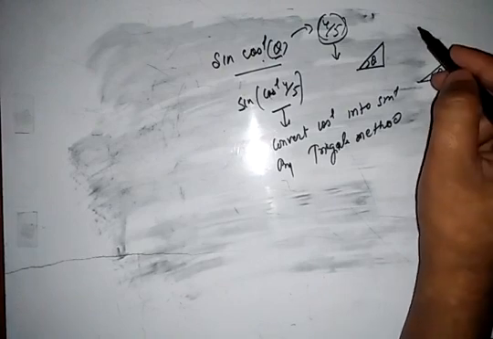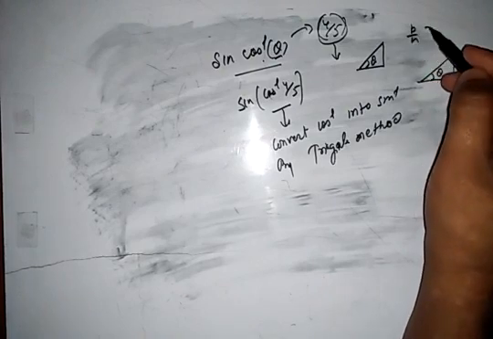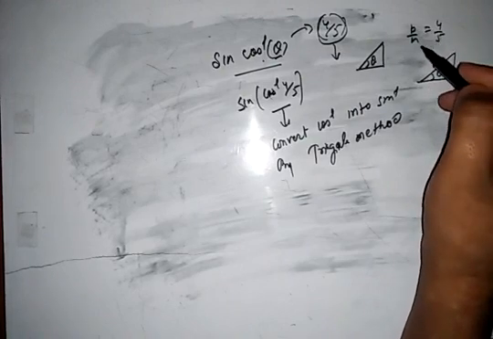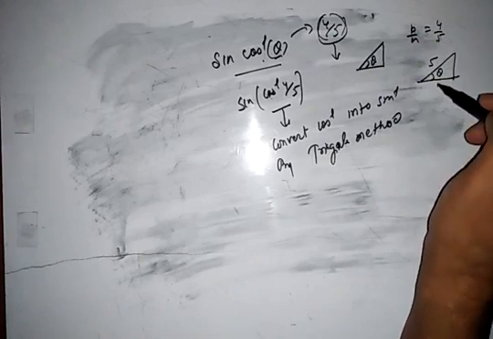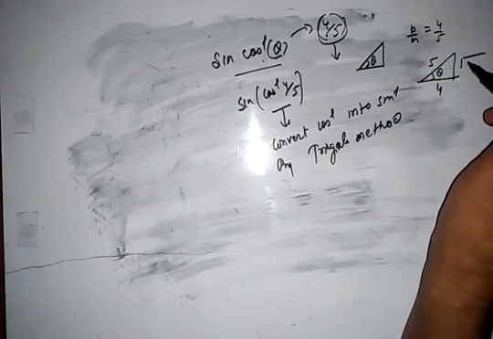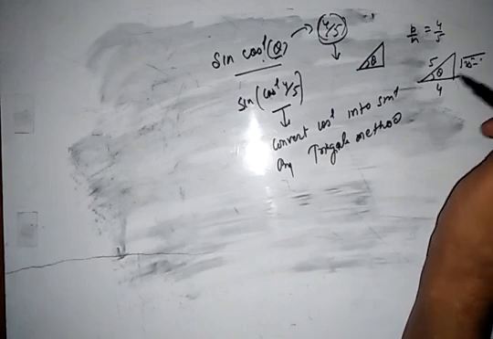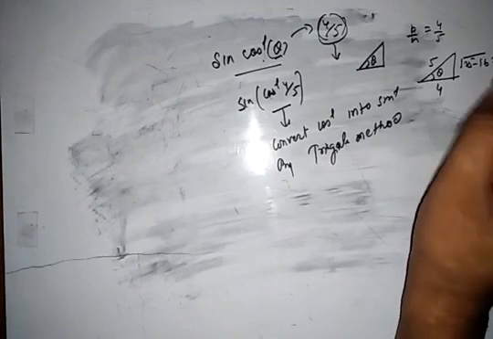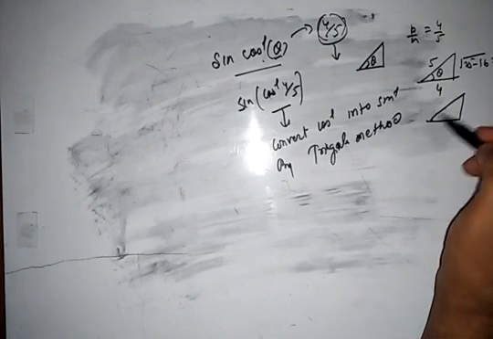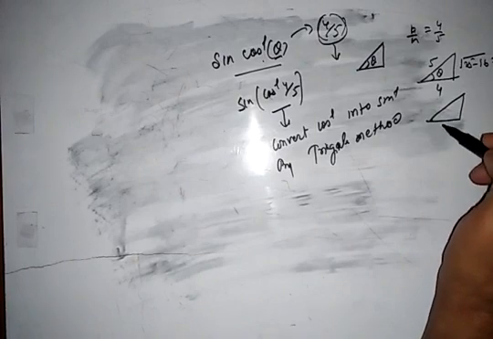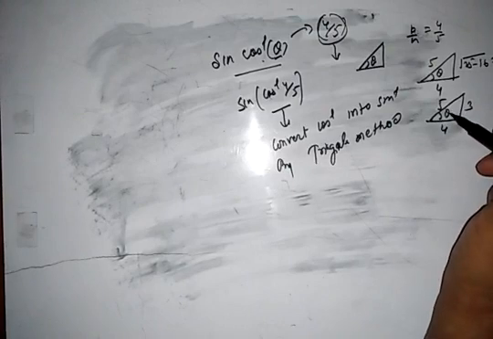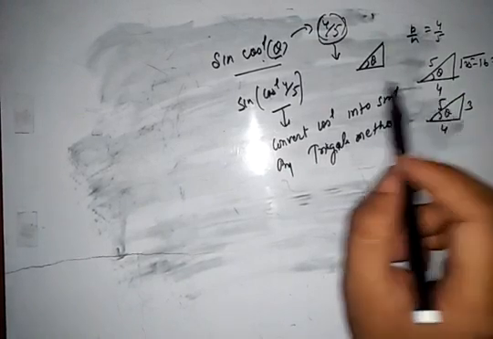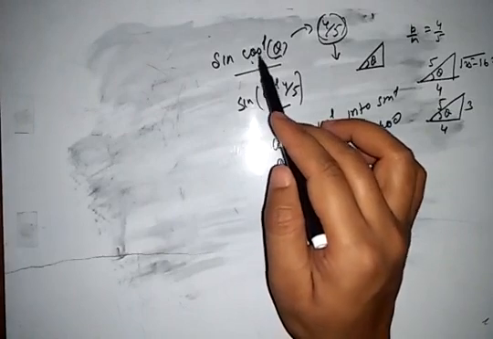So comparing b by h with 4 by 5, simply put h is equal to 5 and b is equal to 4. Then you get 25 minus 16, that is 3. So we get all the values 4, 5 and 3 for this angle theta, and we can find cos theta, sin theta, tan theta, anything.